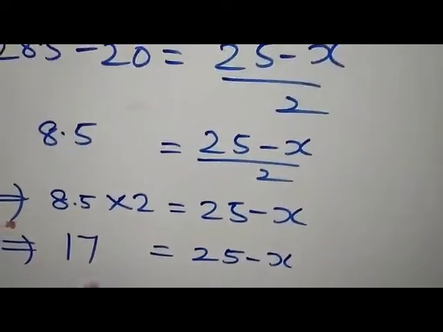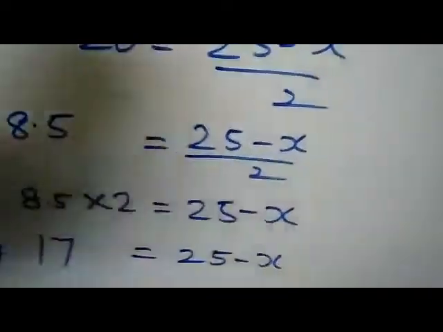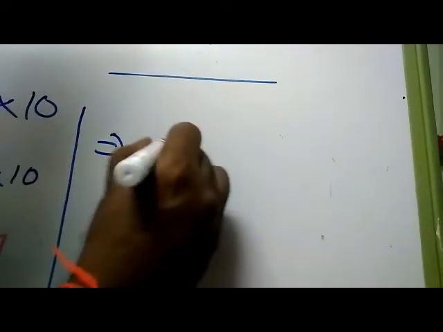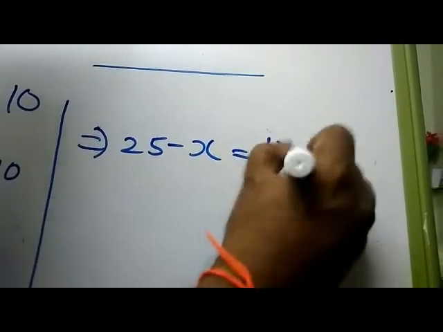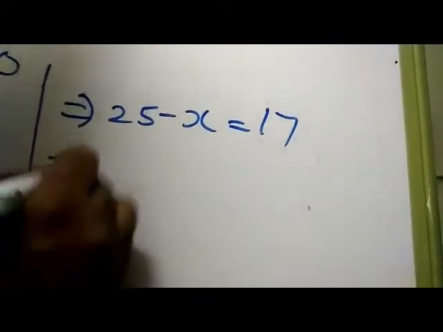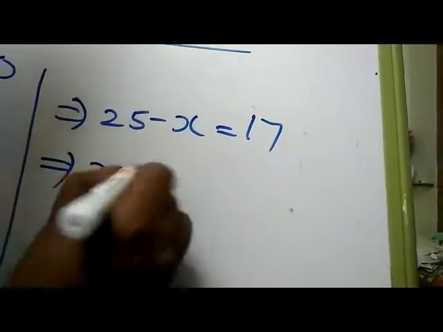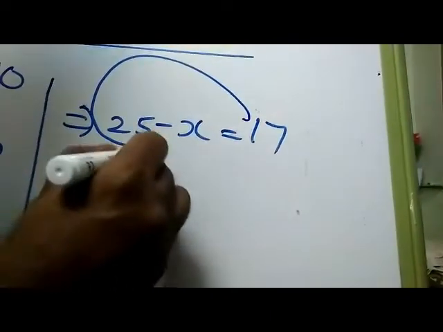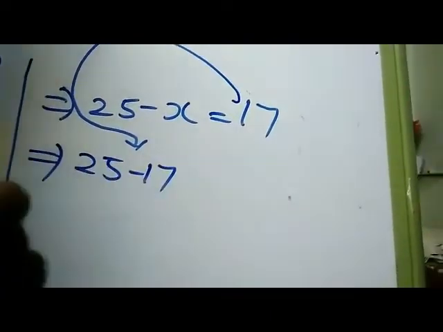17 is equal to 25 minus x. I am writing once again. I can also write 25 minus x is equal to 17. 25, this plus 17 will be transposed to minus 17.